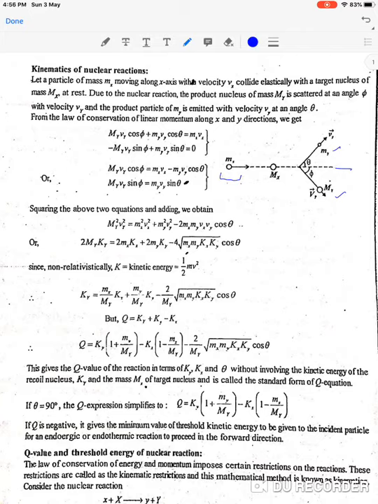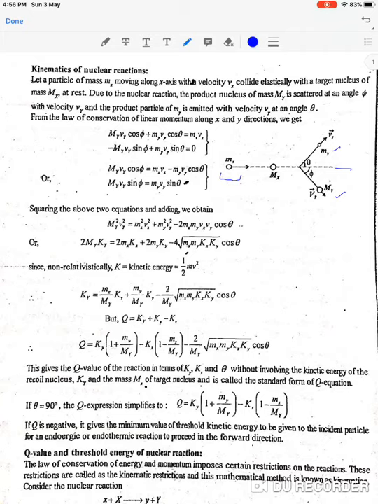To find the kinematics, we need to conserve energy and momentum, the linear momentum. So let's conserve the momentum in the x direction and in the y direction.